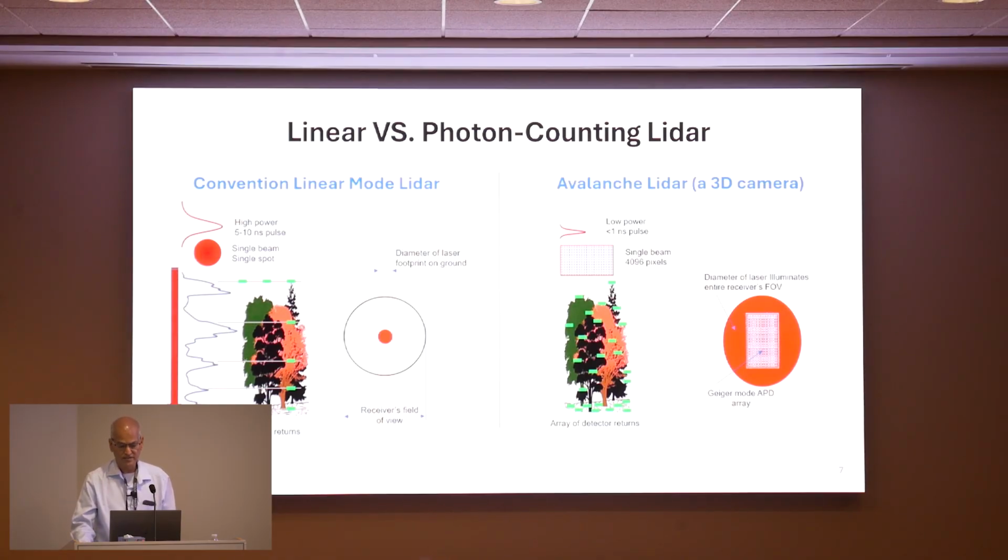The entire thing is low power, with a pulse of less than 1 nanosecond. What you are seeing is 4,096 pixels. That is the type of reflectance or returns that you get from the camera. So that is a comparison between the linear mode and the Avalanche mode.